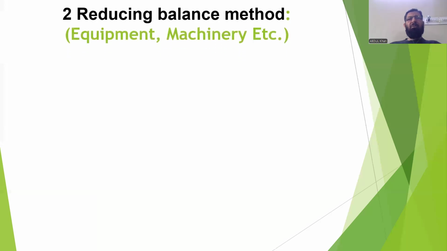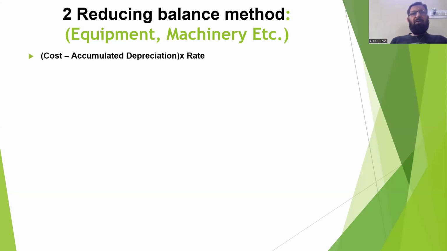Then comes another method, the reducing balance method. That is for fixed assets or non-current assets like equipment, machinery, a car, or motor vehicle. For this kind of asset you use the reducing balance method because the performance of that asset is reducing year by year or day by day. The formula is cost minus accumulated depreciation, multiplied by the rate, using the same example.